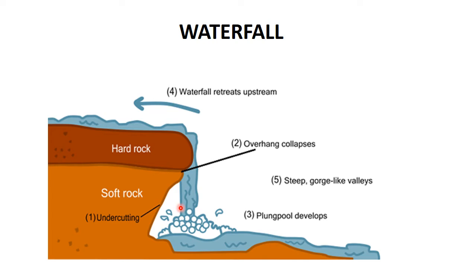When the river tumbles, with constant erosion, it carves out a step of the soft rock, okay. And then the water falls into a plunge pool. This plunge pool develops here, and very soon this hard rock which is projecting out also cracks and falls down. When this falls down, the waterfall retreats, it goes back a little, okay. So this is the formation of a waterfall which we see on the upper course of the river.